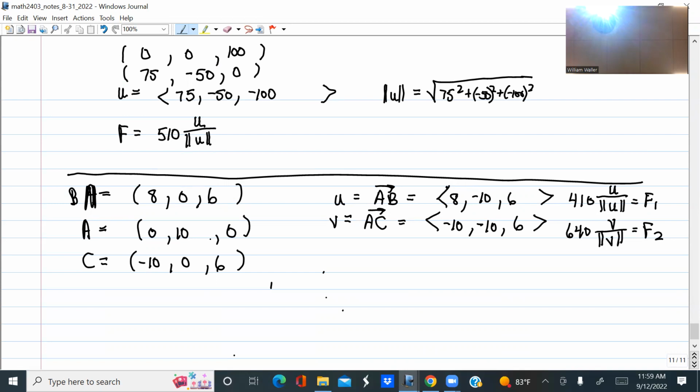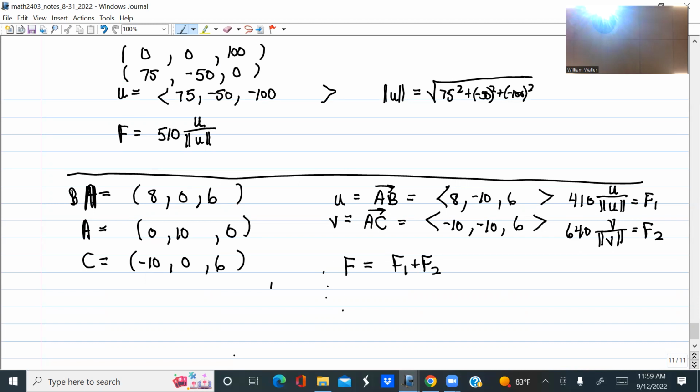Add the forces together. That's right. So the total force is going to be the resultant force that you get from adding these two forces together. Let's call that F, and that's just now F1 plus F2. And you don't have to worry about adjusting the magnitude here, because that's what you're trying to compute: what's the magnitude of this vector?